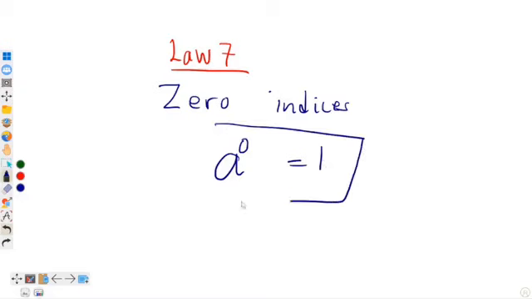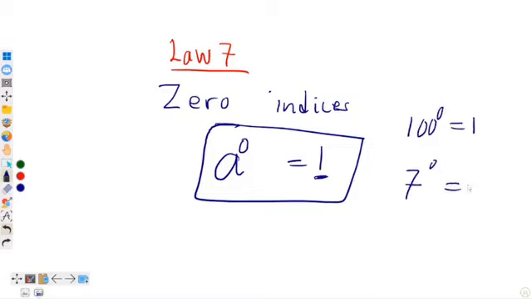So this law states that any number that is raised to the power of 0, the answer is a 1. Even if you have 100 to the power 0, the answer is 1. Even if you have 7 to the power 0, the answer is 1. Even if you have 4 to the power 0, the answer is 1. Of course, it's a different issue if you have 0 to the power 0.